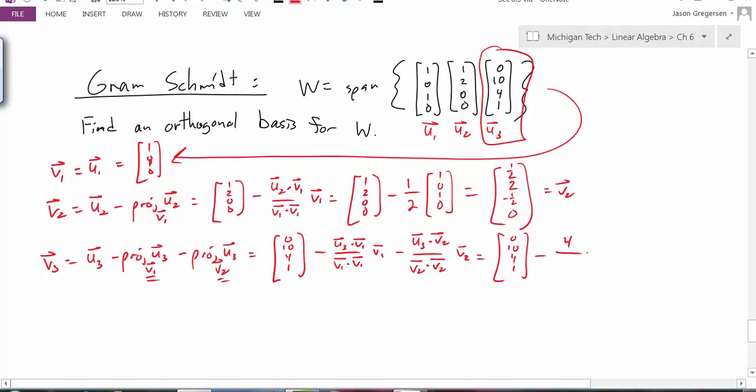v1 dot v1 is going to be once again 2 times my vector v1, minus, now I have u3 dot v2.